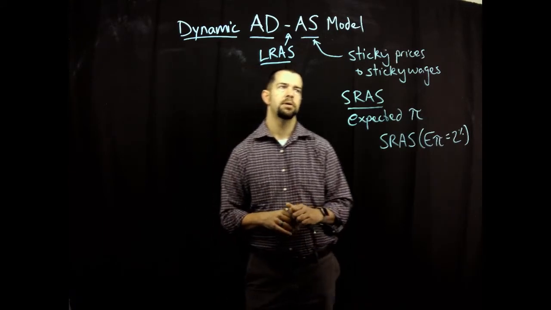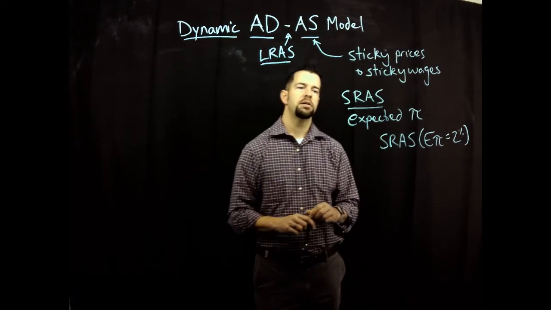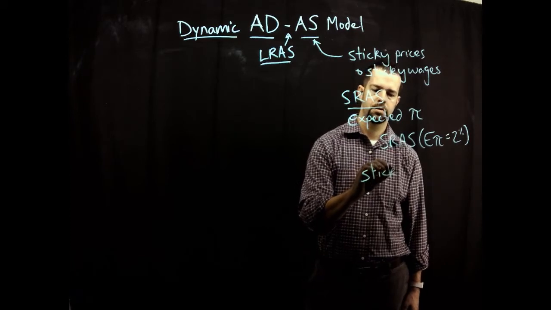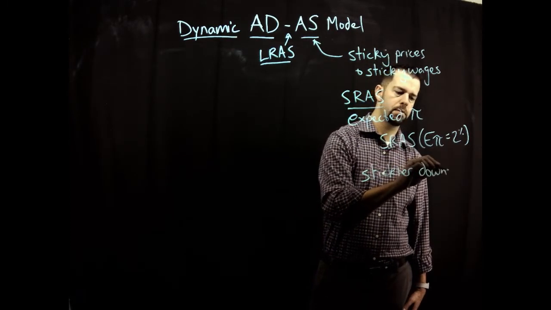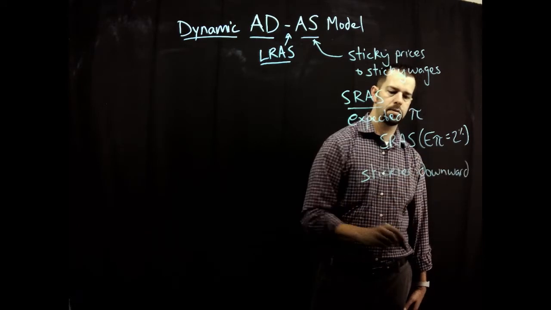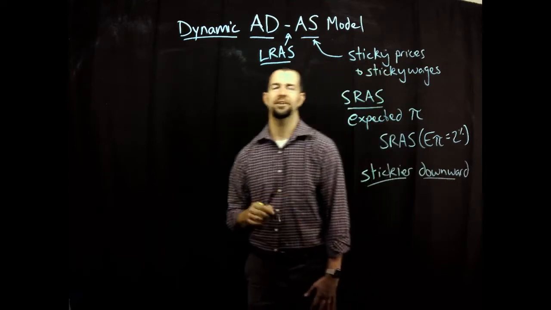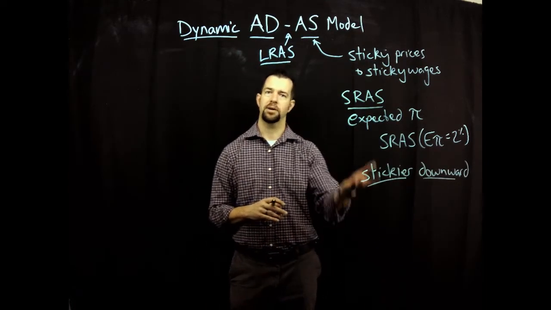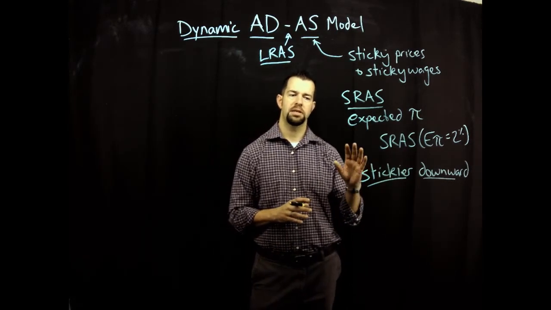Now, the sticky prices and sticky wages are stickier downward. What that means is that prices can rise like a rocket and fall like a feather. But that doesn't mean it's instant.